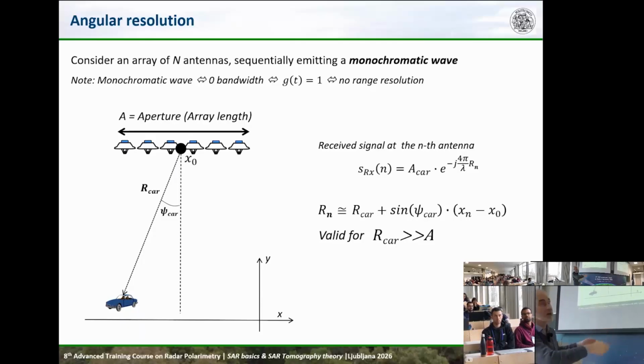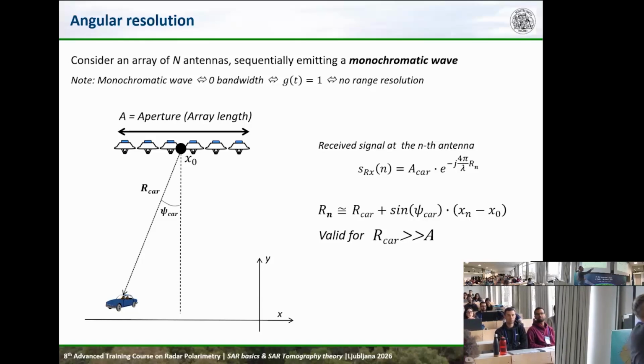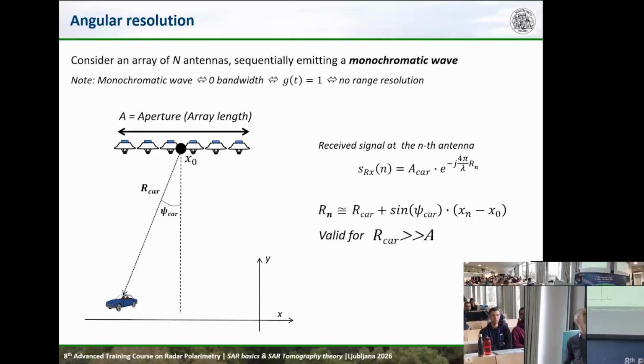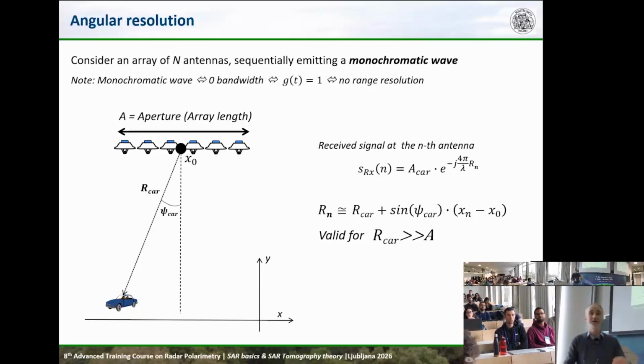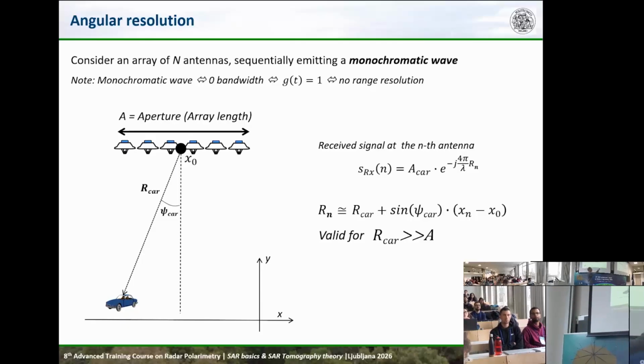And this is a standard Taylor expansion, so it's super easy. And we have that this R car would be the distance of the car from the central element that I call here x0. So if I know this distance, and if I know the angle, this psi car, the angle under which the car is seen from the radar array, then I can compute the distances to all the other elements simply in this way.